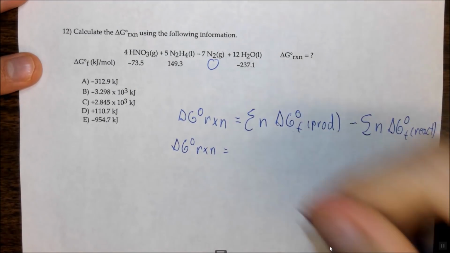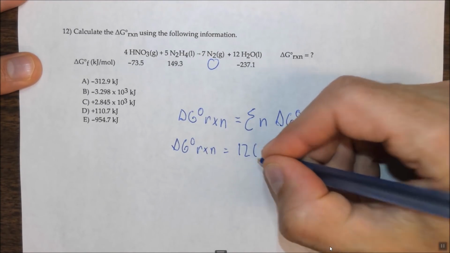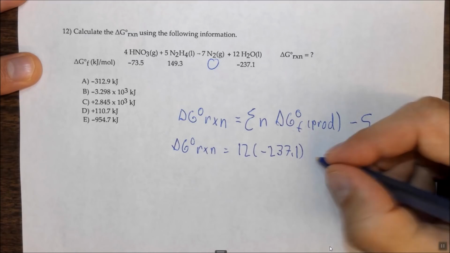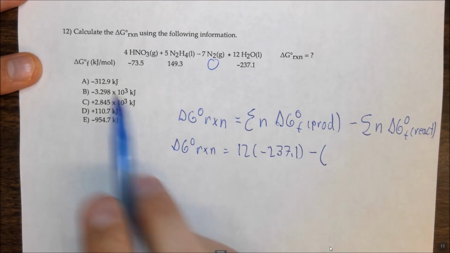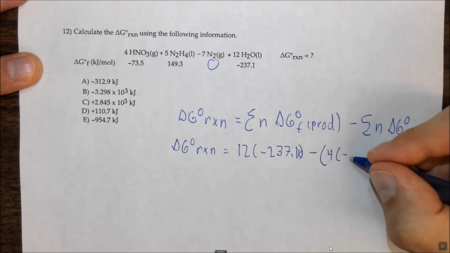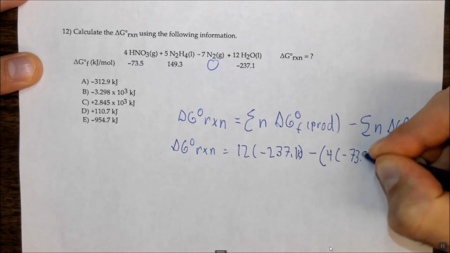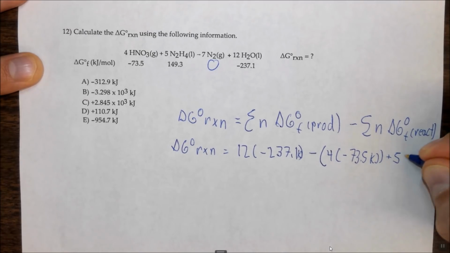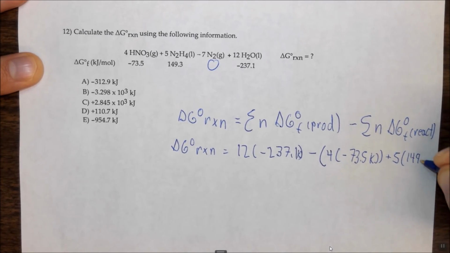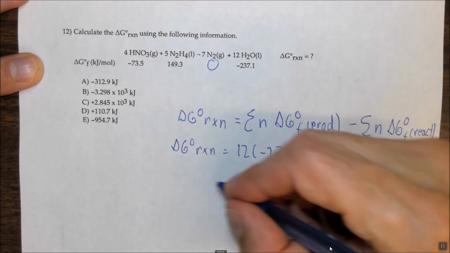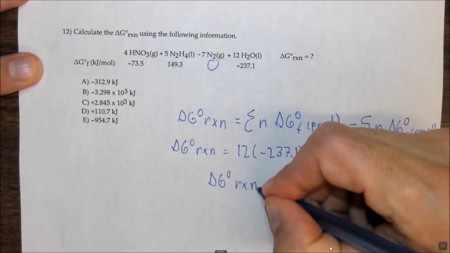And then for the second product, we need to do 12 times minus 237.1, minus, now for the reactants, 4 times minus 73.5 kilojoules plus 5 times 149.3 kilojoules.